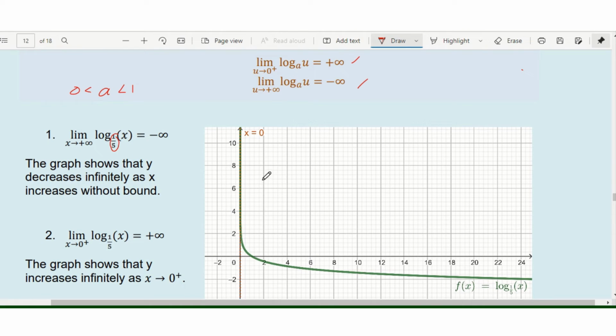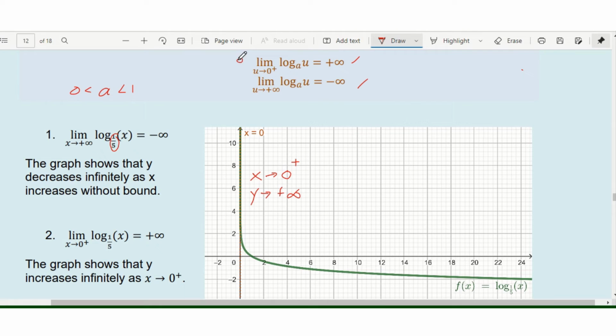Kung papansinin mo yung graph ng lahat ng base which is between 0 and 1, kapag dinidecrease mo, when you keep on approaching number 0 from the right, ginagawa ng y, nag-i-increase.